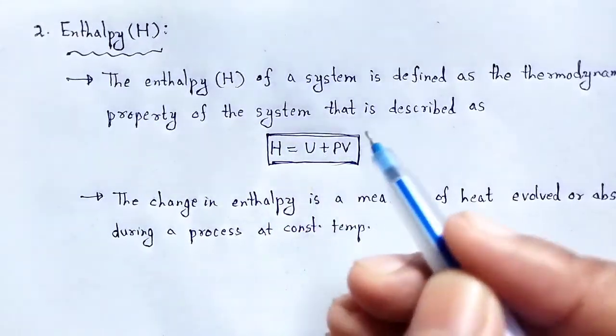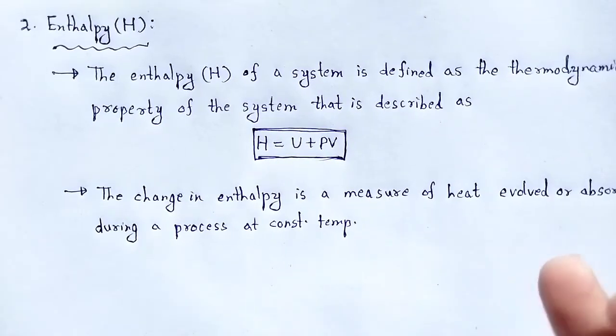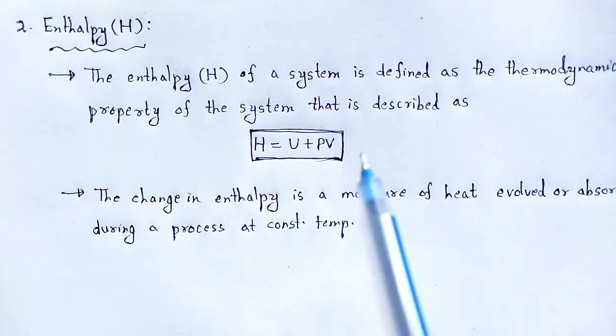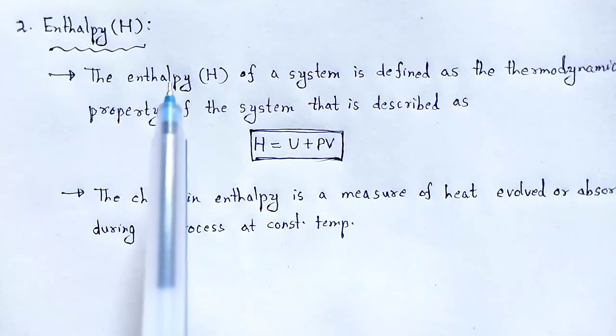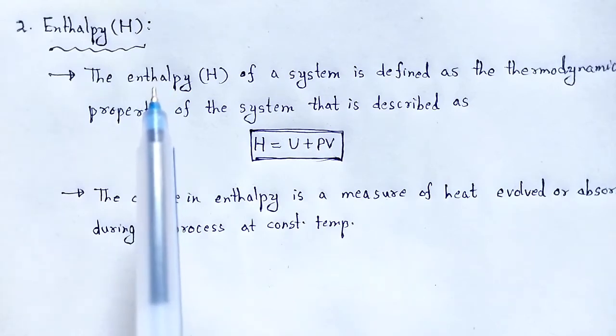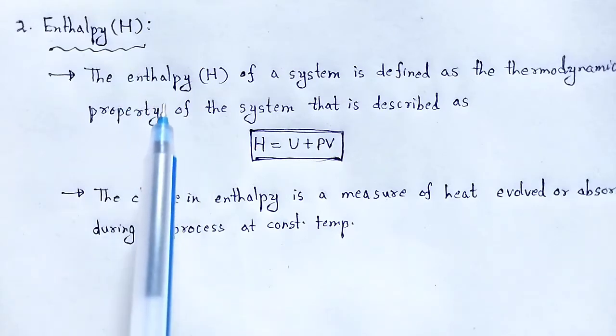And the change in enthalpy is a measure of heat evolved or absorbed during a process at constant pressure. So enthalpy means the heat content of the system, how much heat is absorbed or how much heat is released, which can be studied with the concept of enthalpy.